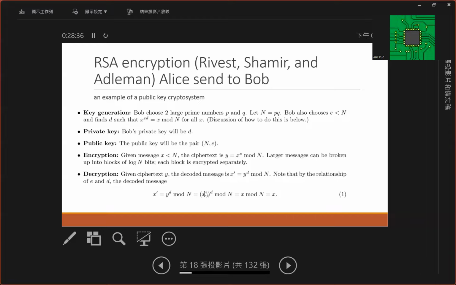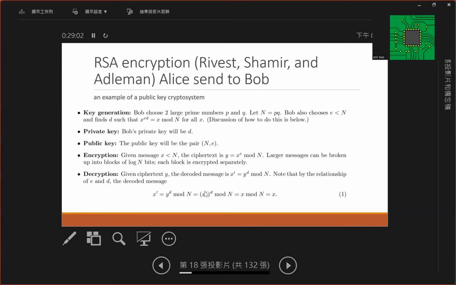Now for the encryption, suppose there is a message x. Alice takes the message x and does the encryption. Encryption is just x to the power e mod n.